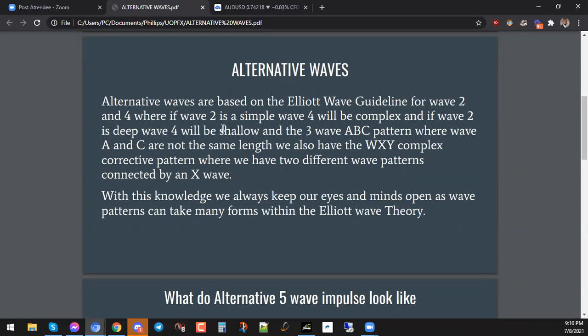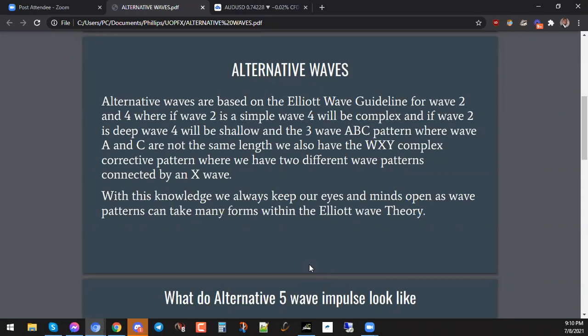All right. We also have a situation where we can see wave 2 as a shallow wave, which means it's not very deep, it's not big in size. If wave 2 is shallow, then you could have a wave 4 being very deep.